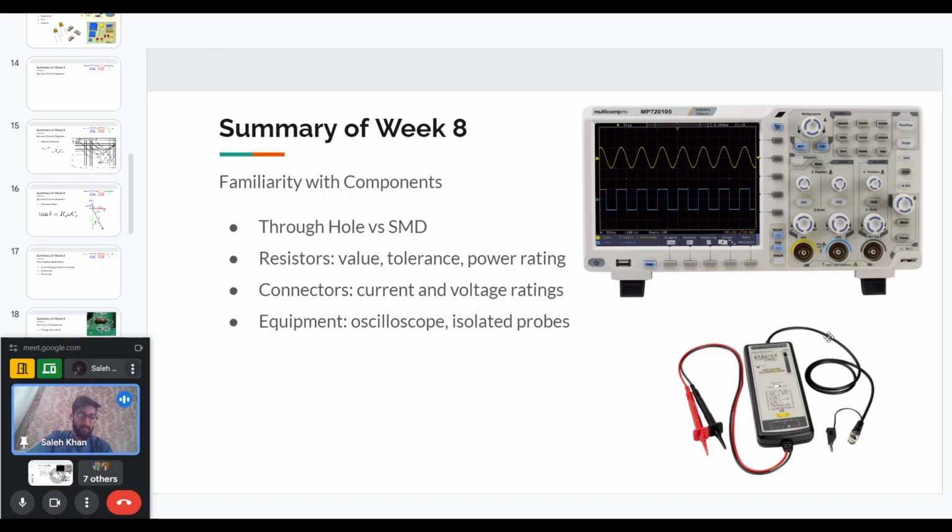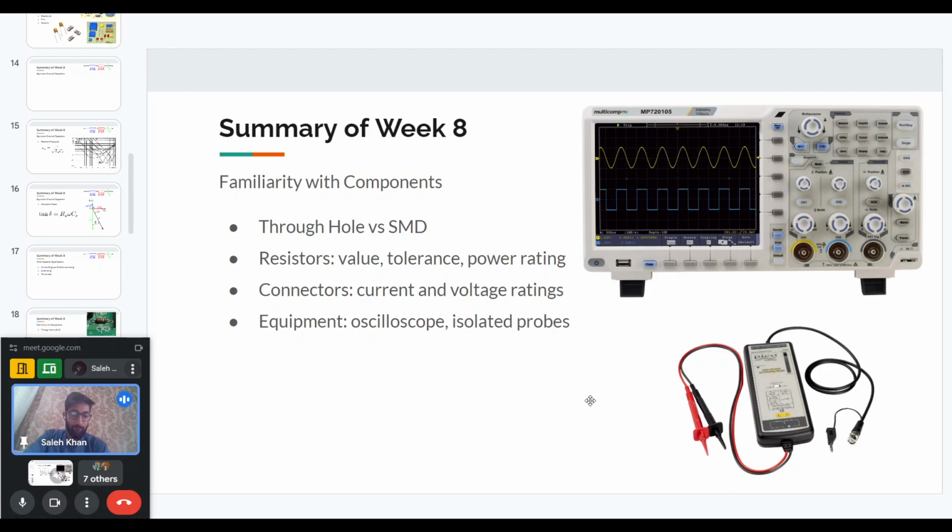This basically isolates the measurement points from the point that goes to the oscilloscope, so that you can measure multiple voltages with different grounds without having to worry about shorting these different voltages. So these are some of the basic equipment that we use to test our converters.